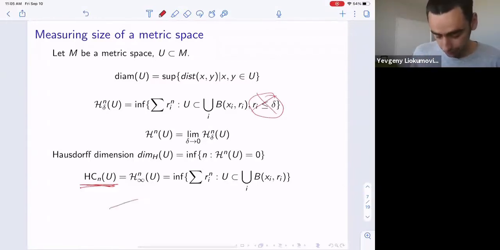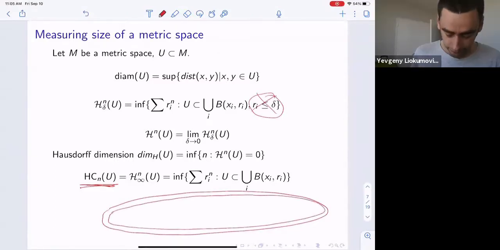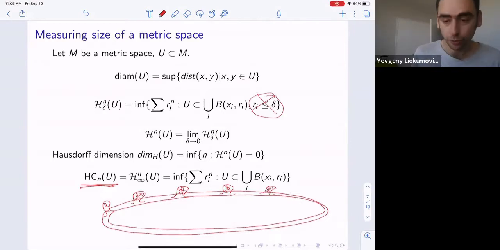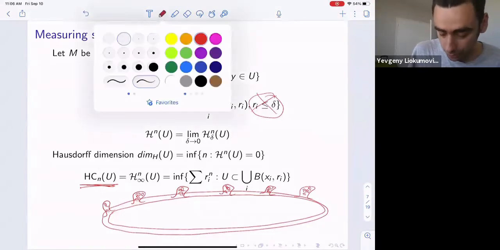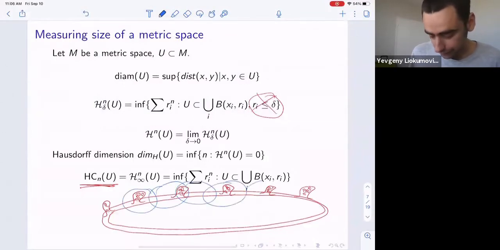For example, if you have a very long and thin torus, but also it has a lot of wrinkles, maybe you do this connect sum with very small diameter but very large area hyperbolic surfaces, or anything small but very wrinkly, then this torus will have huge area, but at the same time it will have very small two-dimensional Hausdorff content because you can cover it by these balls which contain all of these things.